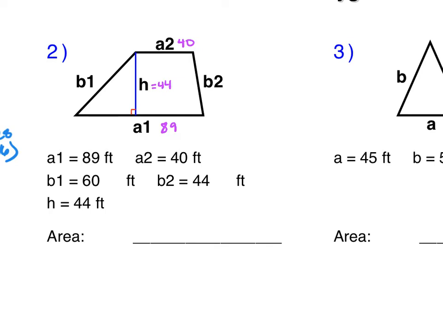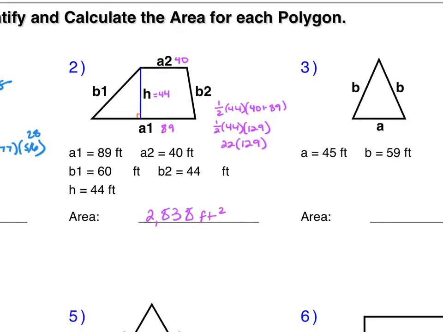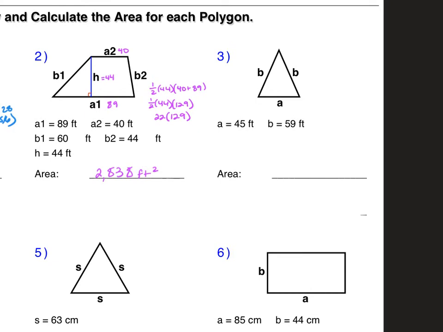And that's all you need from this one. 1/2 of 44 times 40 plus 89. 1/2 of 44 times 129. 22 times 129 is 2,838 feet squared.